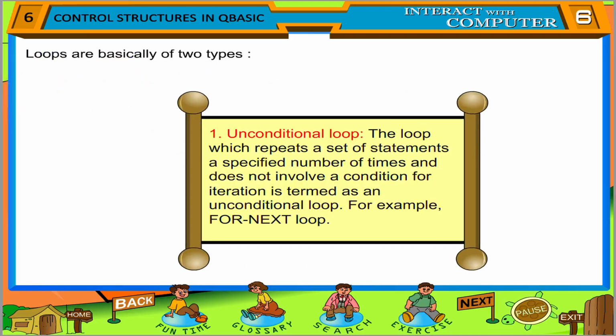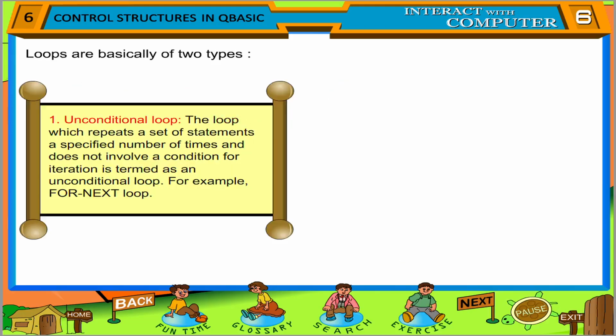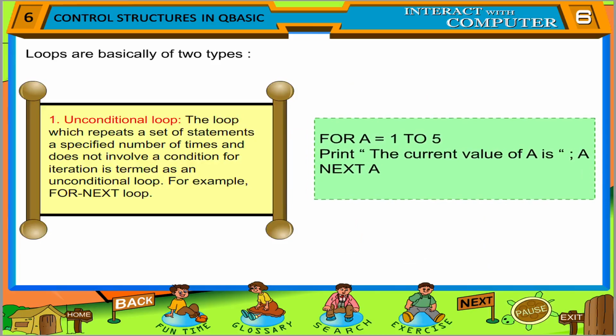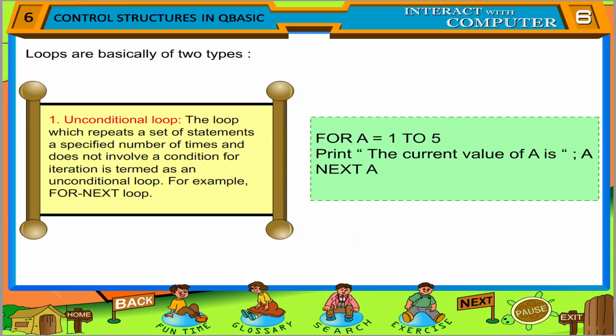Loops are basically of two types. Unconditional loop: the loop which repeats a set of statements a specified number of times and does not involve a condition for iteration is termed an unconditional loop.